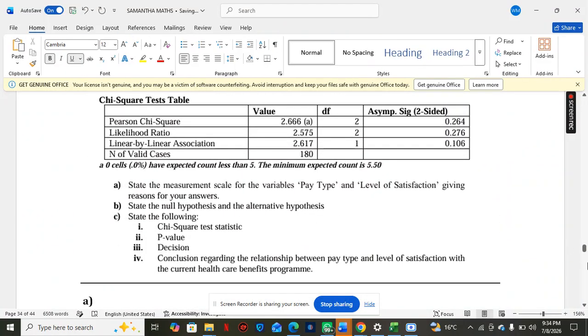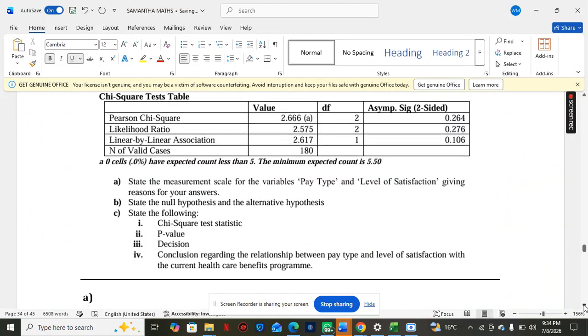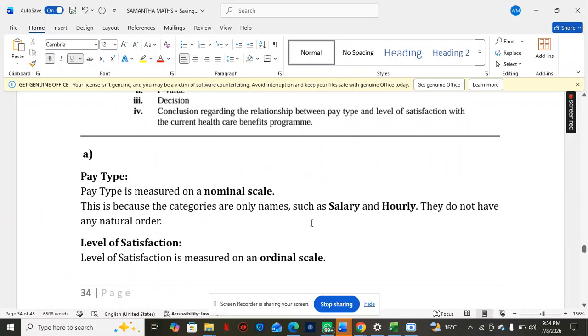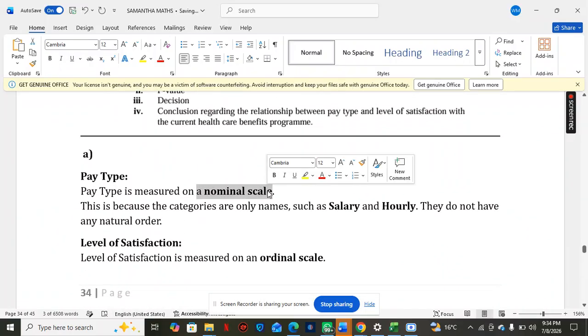All right. So the measurement scale for pay type is a nominal scale.